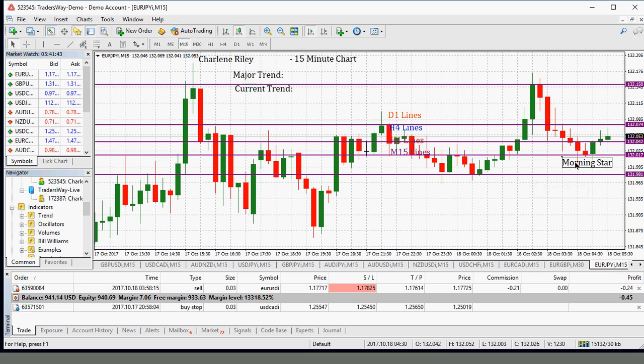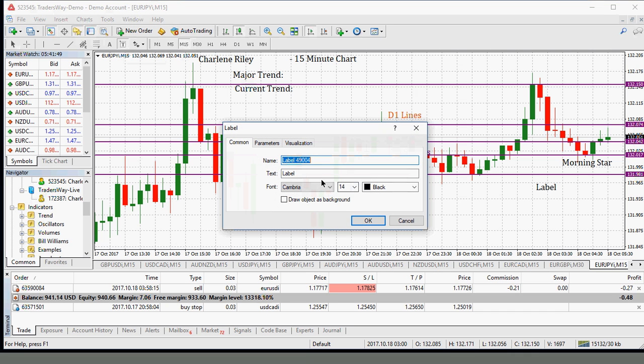And then we also had a breakout at resistance, 132.042.